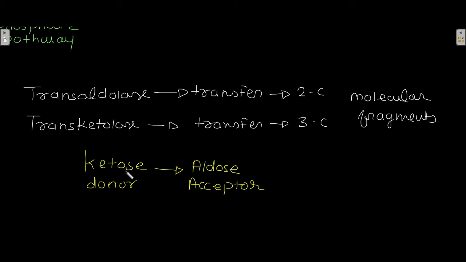From the ketose donor, the 2 carbon or 3 carbon molecular fragment is donated to the aldose acceptor. The transfer of 2 carbon molecular fragment is catalyzed by transaldolase, and the transfer of 3 carbon molecular fragment is catalyzed by transketolase.